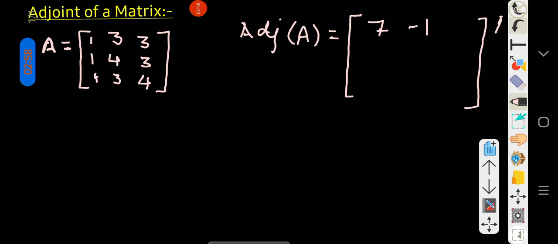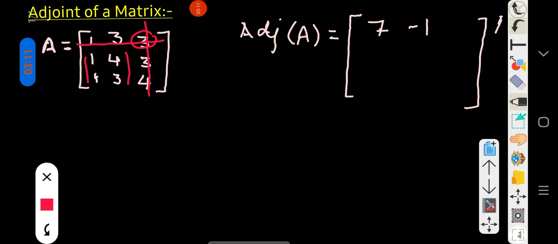Now let's get the third cofactor. To get it, we have to get the cofactor of this 3. Again, we are excluding the first row and the third column this time. So we have to consider this matrix.